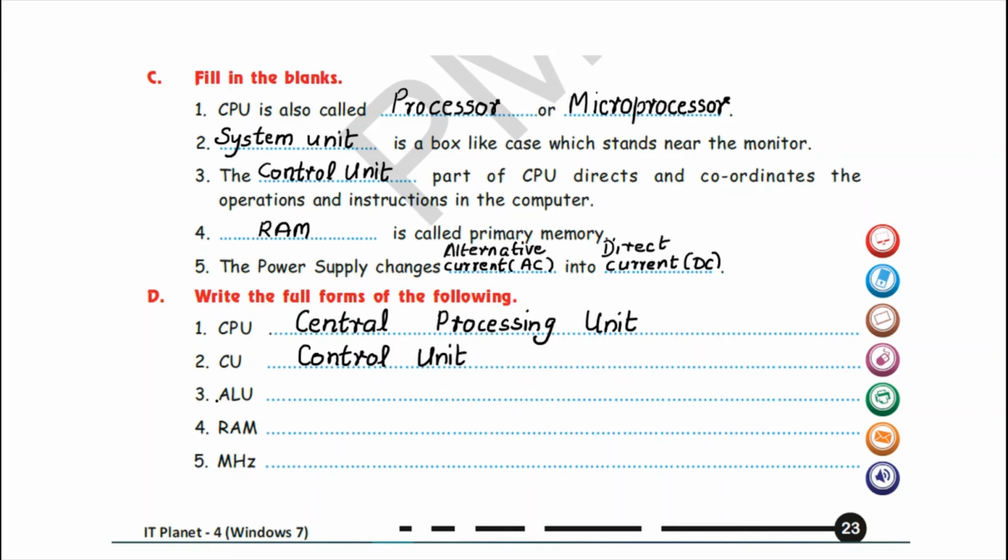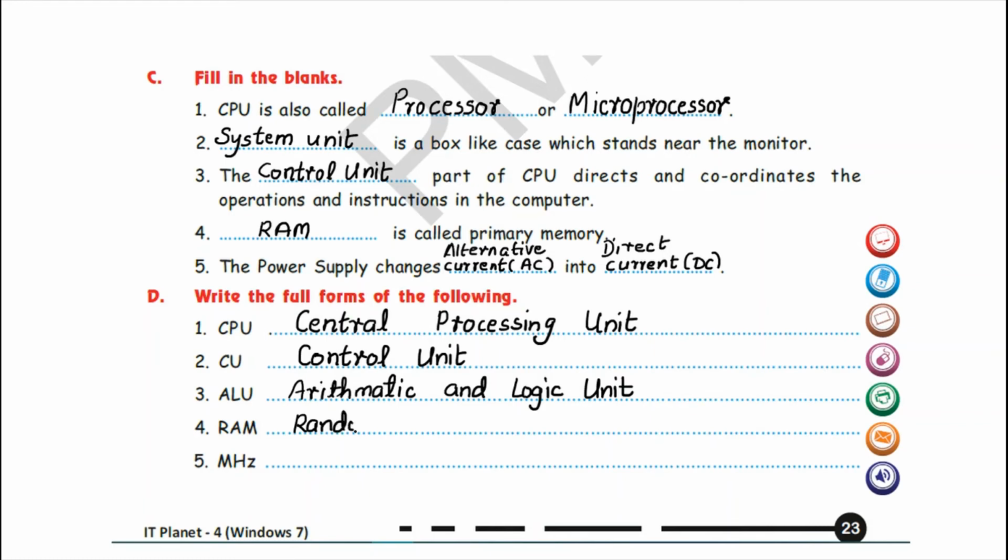Number 3, ALU. And children, ALU stands for Arithmetic and Logic Unit. Right here, Arithmetic and Logic Unit. Number 4, RAM. And RAM stands for Random Access Memory.